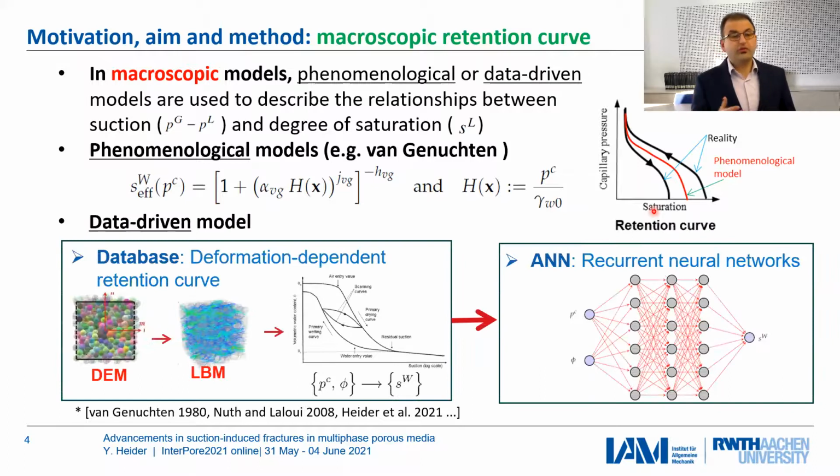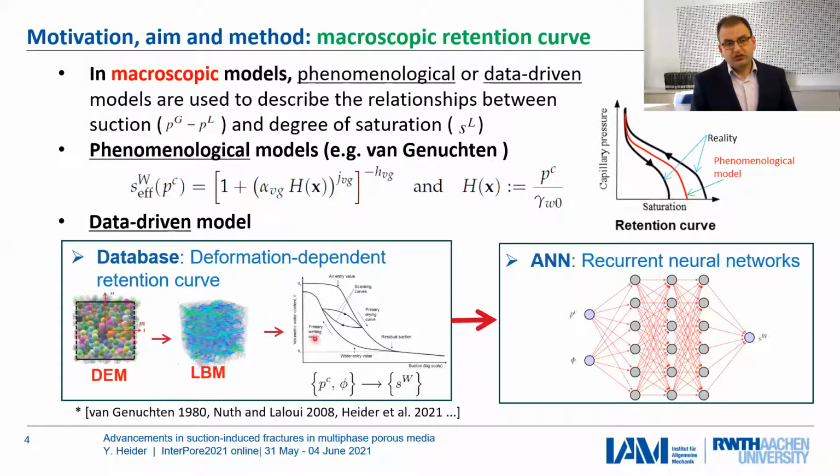Alternative to this, we can go for a machine learning based model using, for instance, this approach which I'm applying in this work. We start by generating a database which will be needed for the machine learning model, and this database will be generated from lower scale simulation, like using the discrete element method or the Lattice-Boltzmann method.